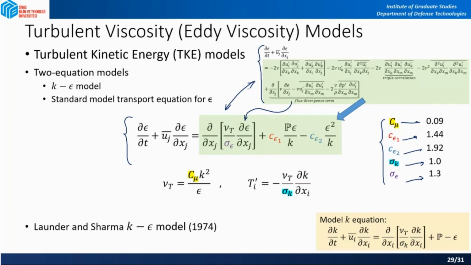Actually, over the years, people have derived other versions of K epsilon, such as realizable K epsilon and other variants. So the standard K epsilon is the model K equation, which I wrote in here, and the model epsilon equation, which is in here.